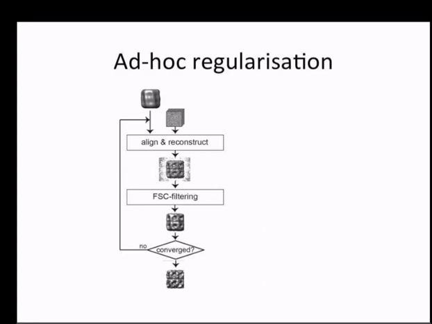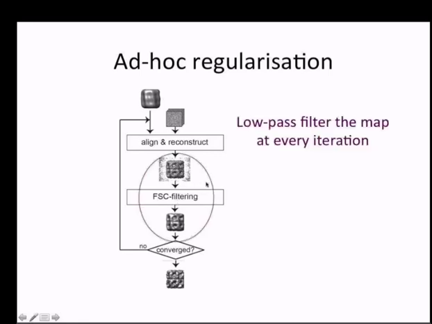So a typical refinement procedure, and I'm skipping over gold standard procedures for now, you'd have an initial low resolution reference, and you align your particles to the reference, then you do a reconstruction. Now this reconstruction often will be very noisy. Then you do some kind of low-pass filtering, for example, based on an FSC curve, but people have done all kinds of ad hoc things, before you use this reconstruction as a reference in the next iteration.